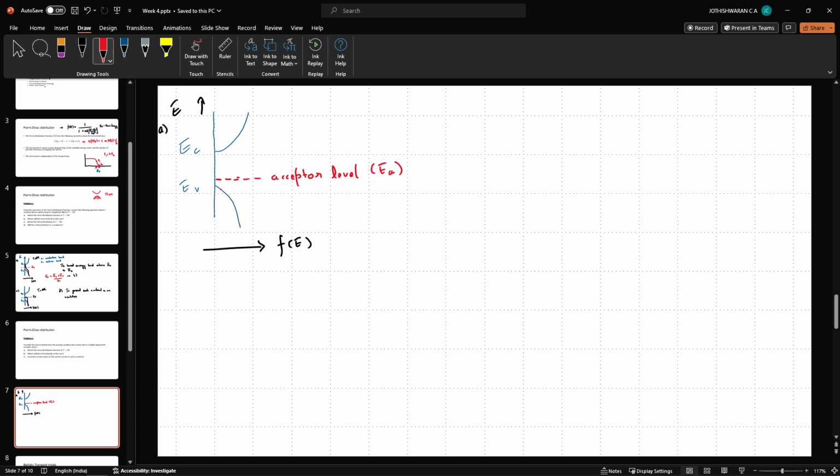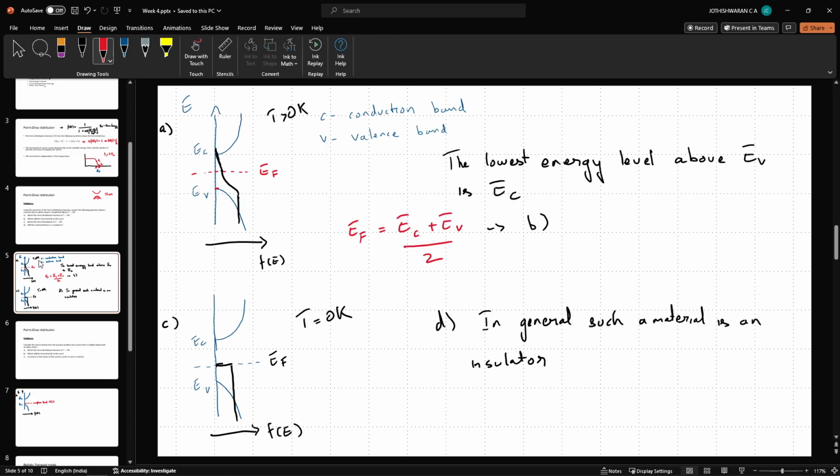So there is an acceptor energy level, and when an electron gets excited, it will just jump over to the acceptor level. And now what happens to the conduction? What happens to the dynamics of the material? In the previous case, when an electron gets excited from the valence band and goes to the conduction band, the electron in the conduction band is free to move, and the vacant state created in the valence band is available to all the electrons in the valence band.